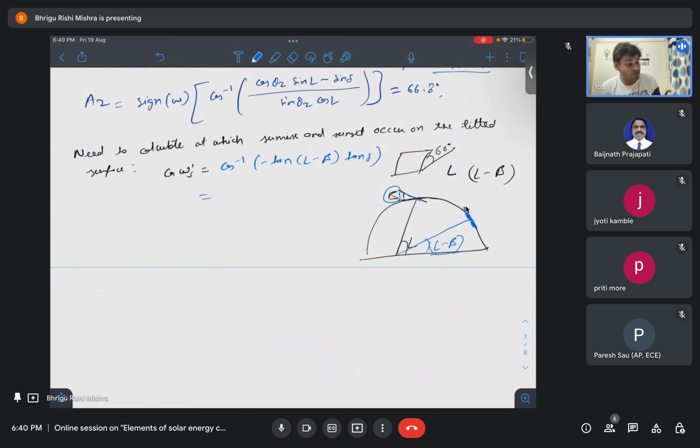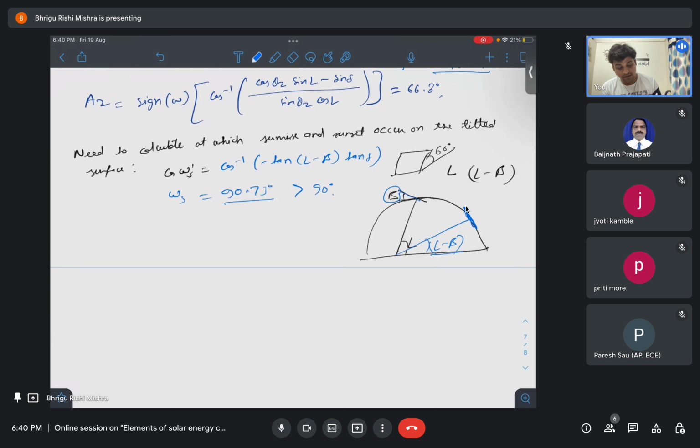If we calculate this, the answer is around omega s is 90.73 degree, which is greater than 90, and we have seen that omega s is from minus 90 to plus 90, it cannot be greater than 90, but here we are getting 90.73. So should we consider it as 90 or what?